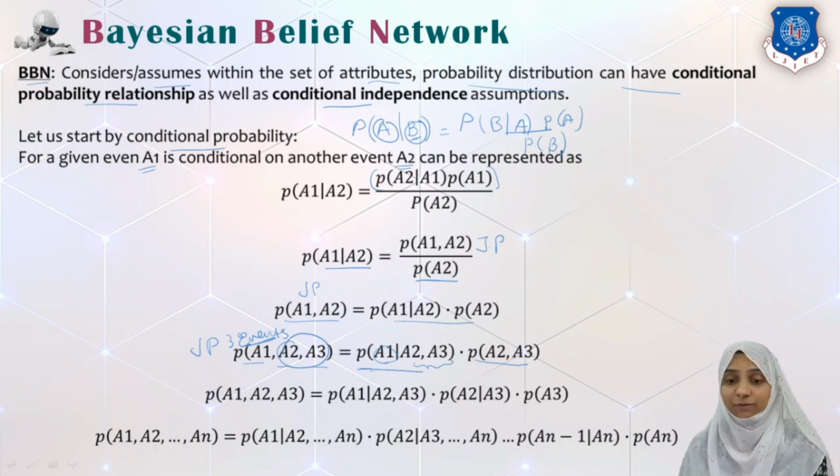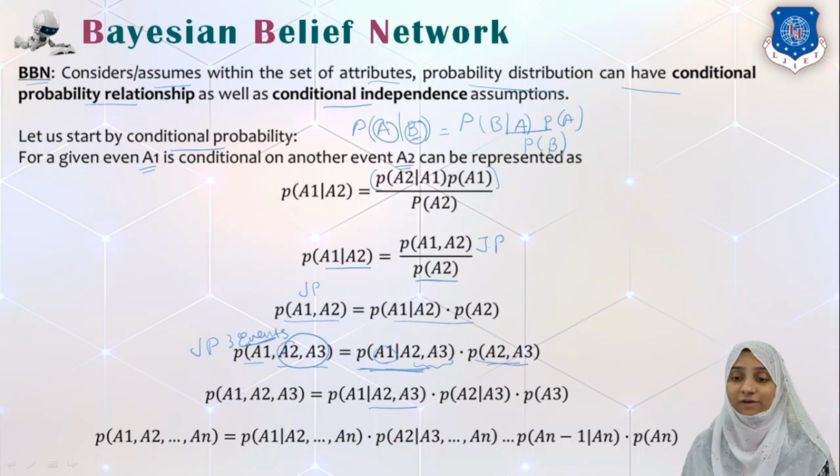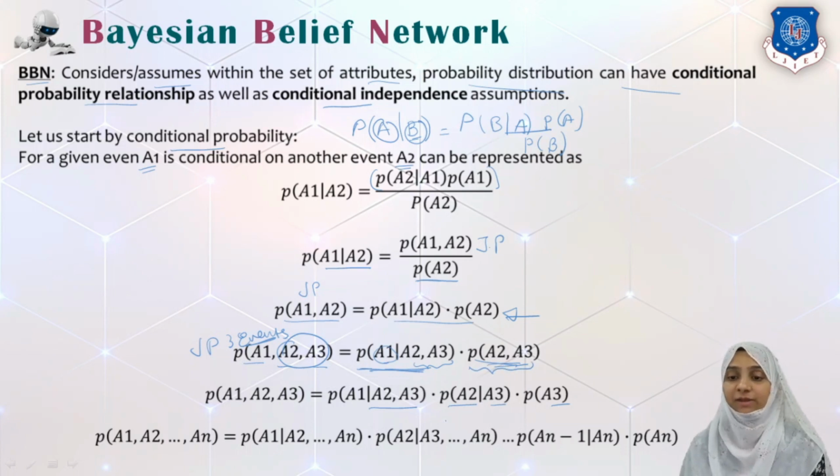We keep the first component as it is, the probability of A1, A2 and A3 is equal to the probability of A1 given A2, A3, but instead of the second part, we can again resubstitute the joint probability: the probability of A2 given A3 into the probability of A3, which is derived from the same joint probability formula. Using this formula, we have substituted another joint probability, and that turns out to be these two components.